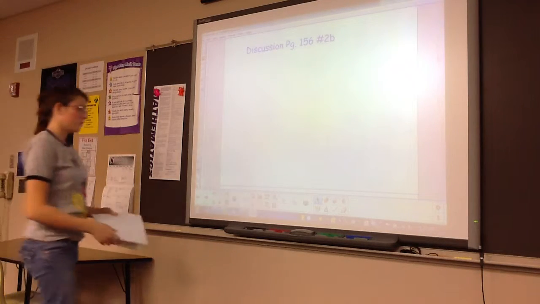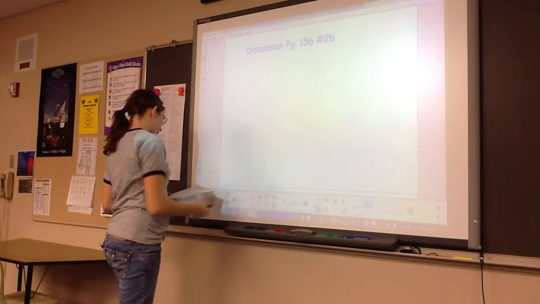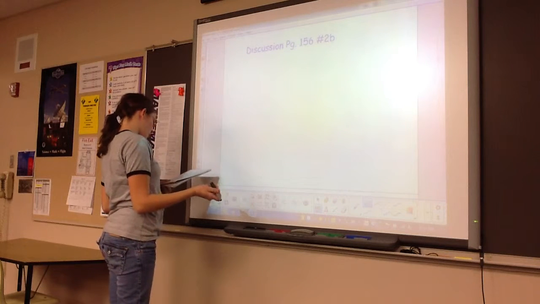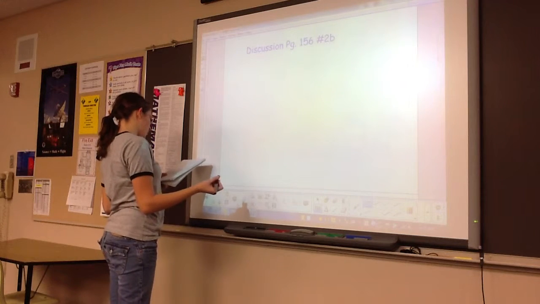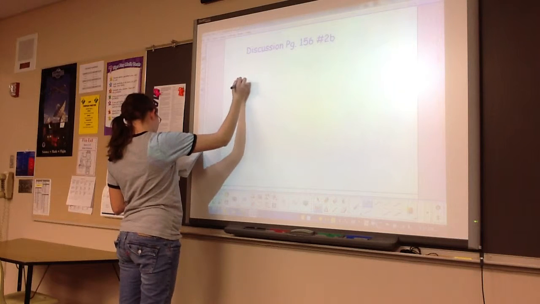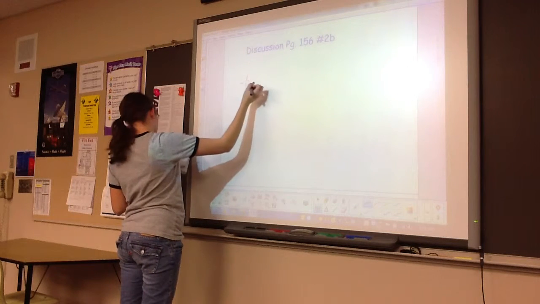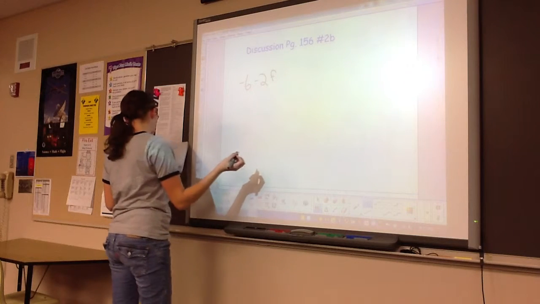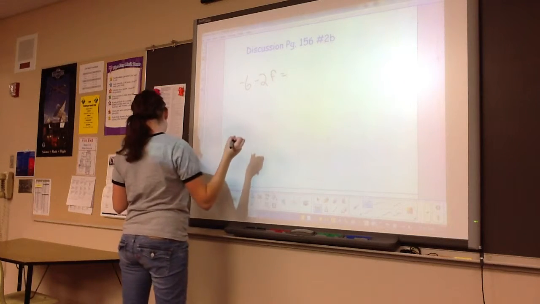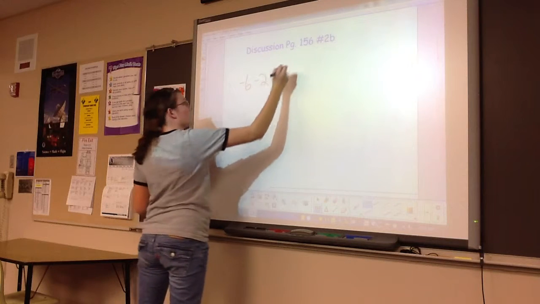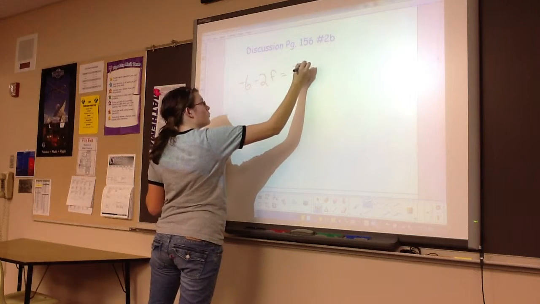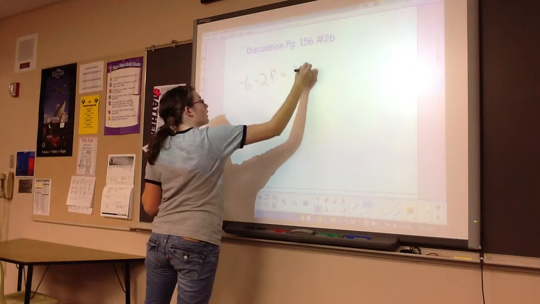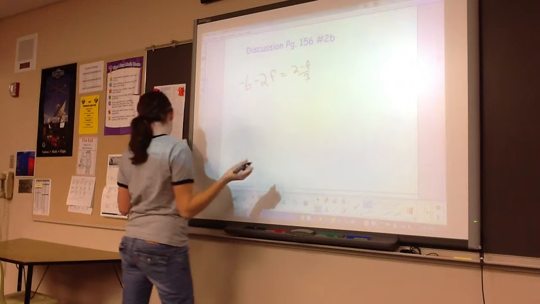Okay, so I set my equations equal, and I put them at negative 6 minus 2f equals 2 minus f over 3.